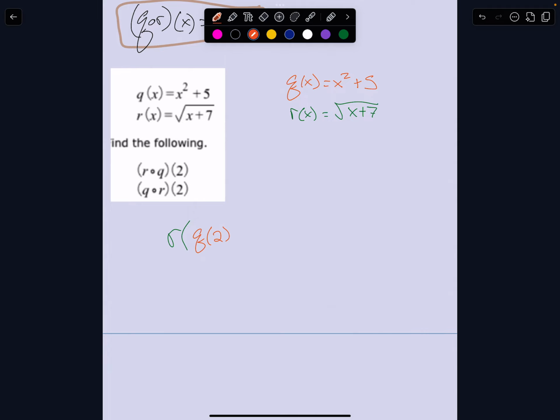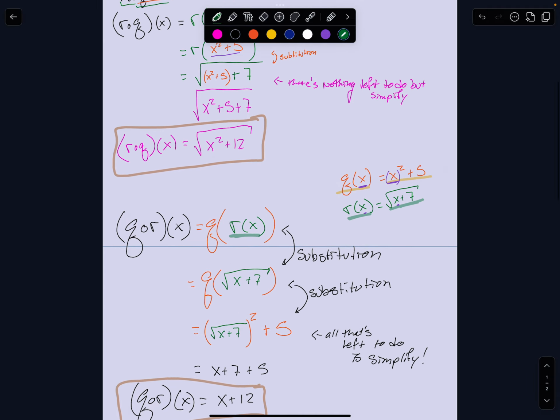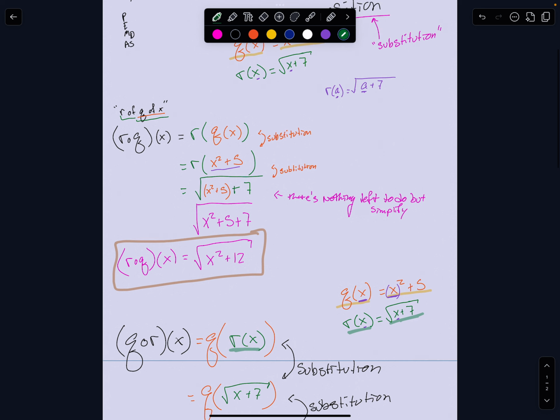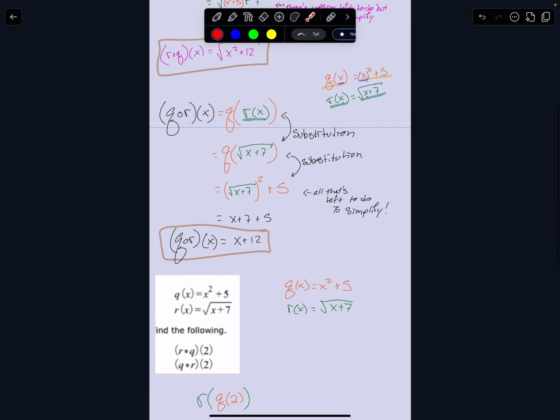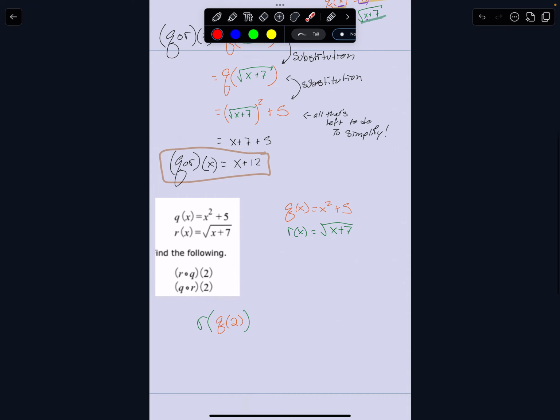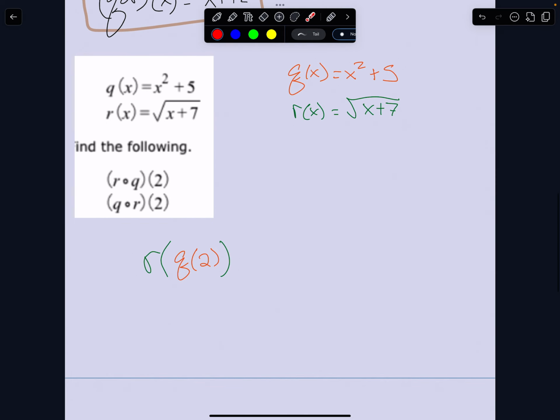All right. Now if I'm trying to find r of q of 2, well, I could go back up to this equation because it's r of q of x, and I could just plug in 2, right? Q's the innermost. I could plug 2 into this and figure it out because we went the long way. If I didn't do that for the questions that you're doing, I could say, hey, this is equal to r of whatever q of 2 is.